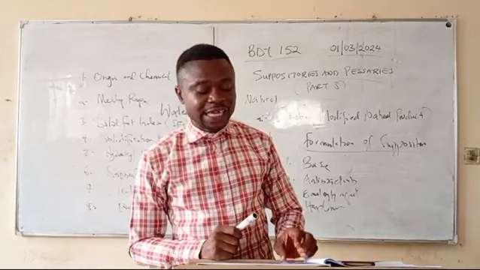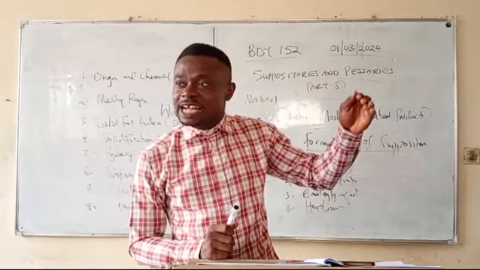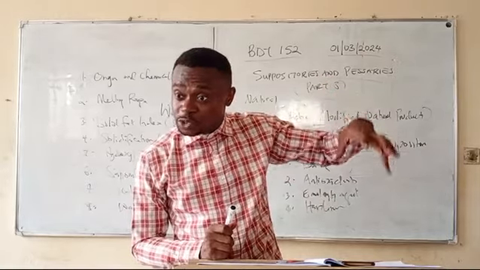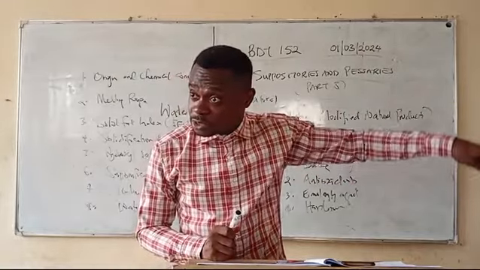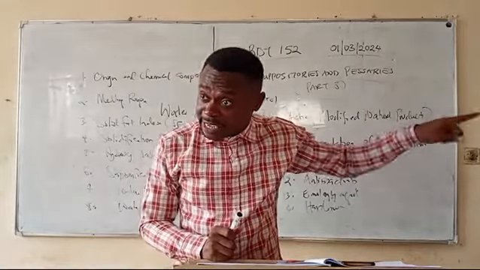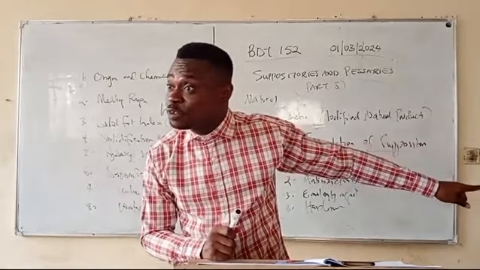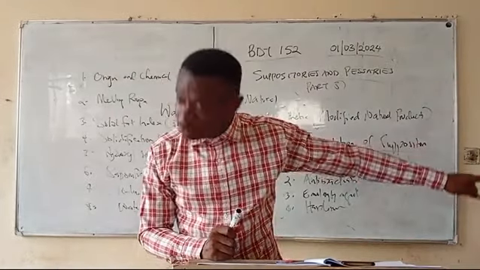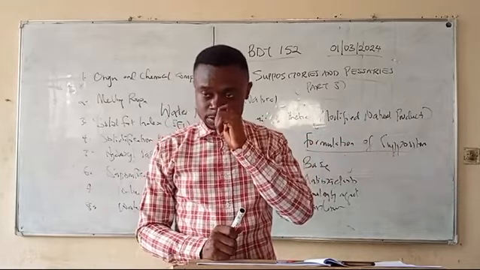For saponification value, the reaction must be complete. It talks about the ester itself, the fat, and the strong base. That's why I said a strong base. Are we together? Good.